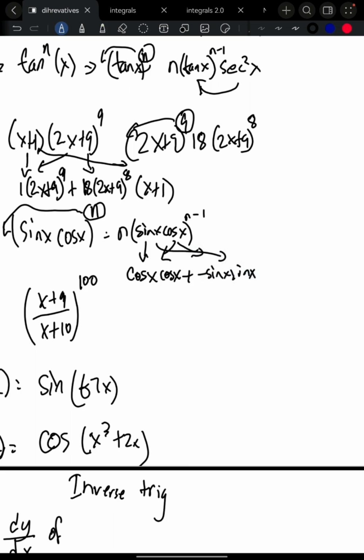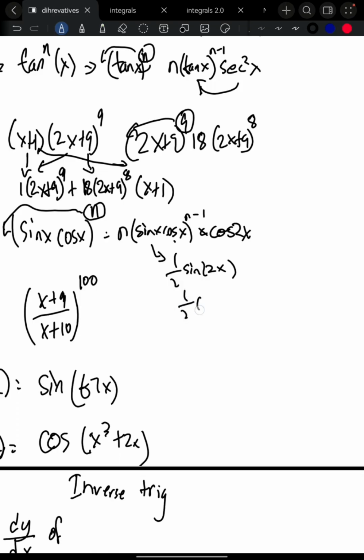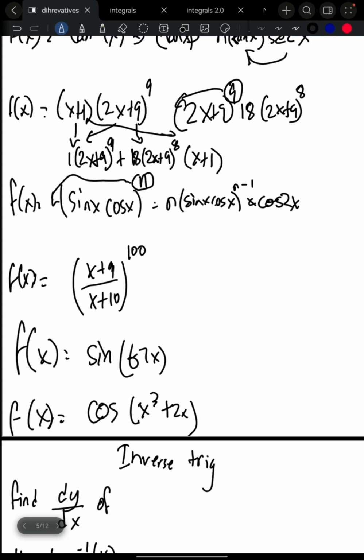So this is just cosine squared x minus sine squared x, which is cosine 2x. And it makes sense, right? Because if you write this as half sine of 2x and differentiate it, it's going to be half cosine 2x times 2, and these cancel out. So yeah, I'm trying to make sense, but it's hard to make sense.